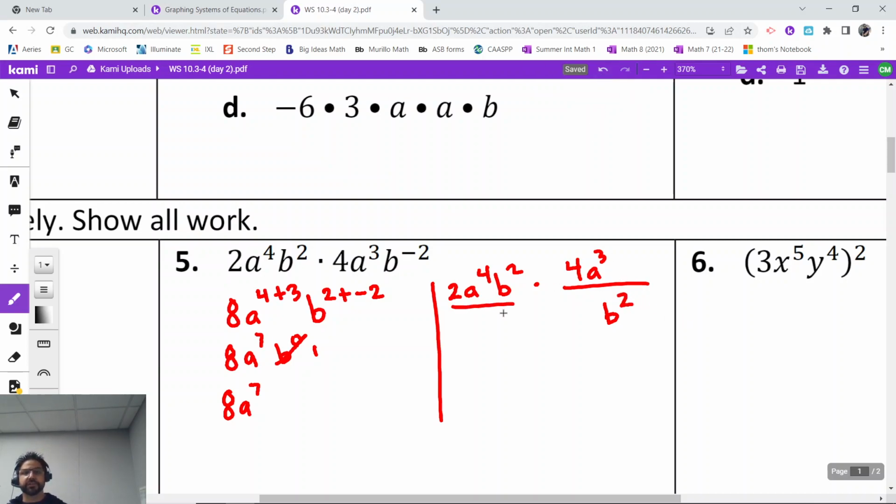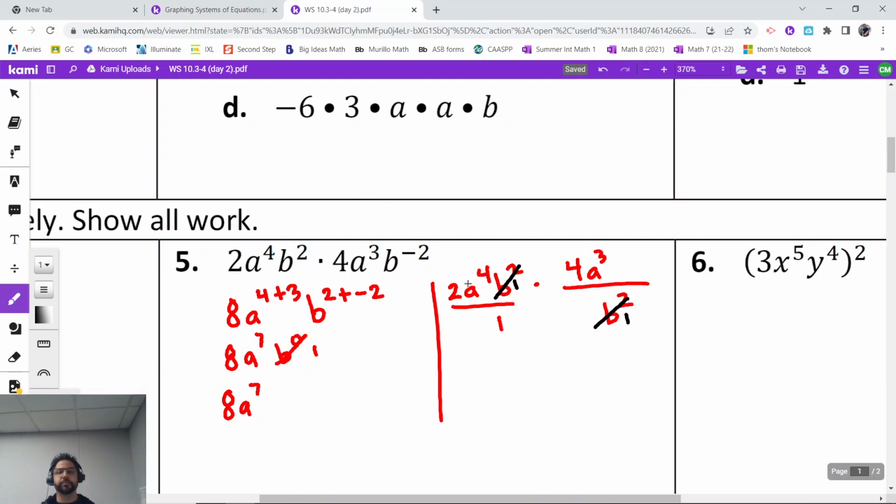Then if you need to, you can put a little 1 there, and then I could actually cross cancel. B squared and B squared cancel to become a 1, but we don't have to write our 1 because it's just a nice integer 1.